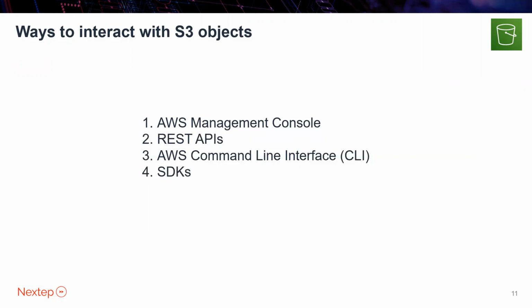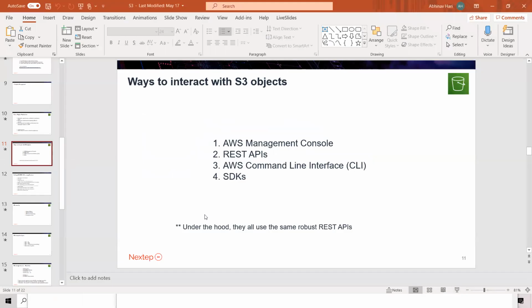Let's take a look at it. We have been playing with the AWS Management Console, so how can I play with the REST APIs? If you really want to do it at the lowest level, ideally you would do it with the SDK or CLI.